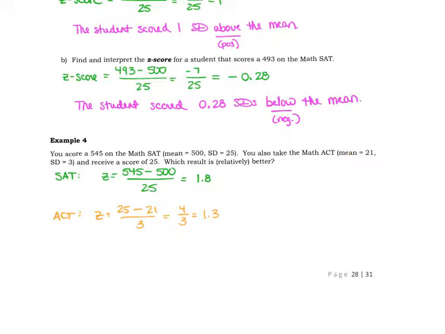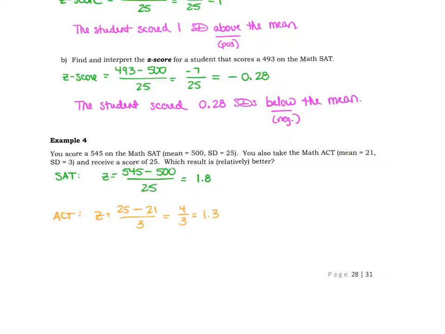When we talk about making a z-score, the mean ends up being 0, 0 standard deviations from the mean. That's what a z-score is. How many standard deviations are you from the mean? If you are at the mean, you are at 0 standard deviations. So which one is further from the mean? 1.8 standard deviations or 1.3 standard deviations? Well, if you're thinking about a number line, 1.8 is further from 0 than 1.3.